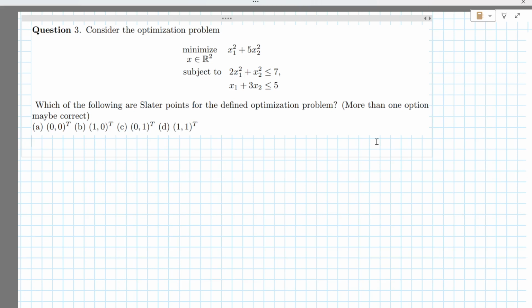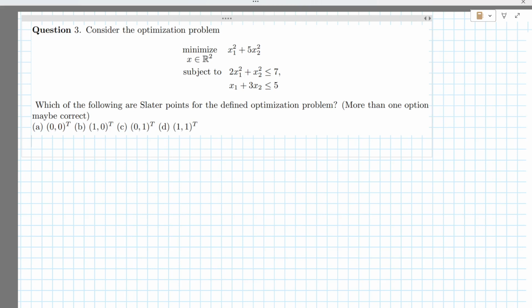So let's look at the third question. Which of the following are Slater points for the defined optimization problem? Yeah, so sometime back in the initial discussion we discussed Slater points. So we need to check which points strictly satisfy these inequalities.